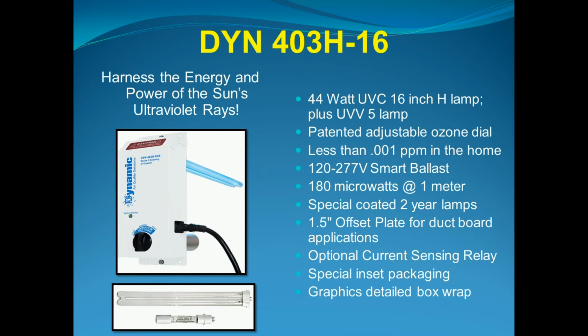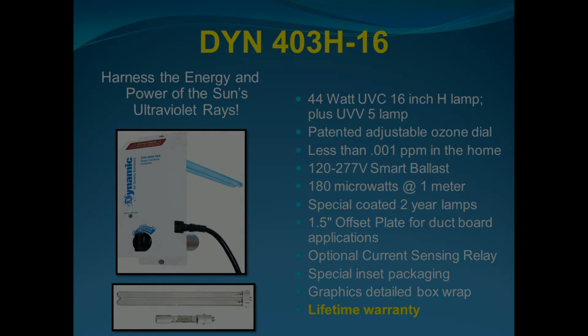So really with 2 units, 3 technologies, you can control the particles, the germs, and the gases and get them to levels that are not injurious to our health. Remember, emptying that bucket. Our job is not to create a pristine environment where everything is gone. Our job is to create an environment where we get it down to a level where it's palatable for us. We can handle it now, right?